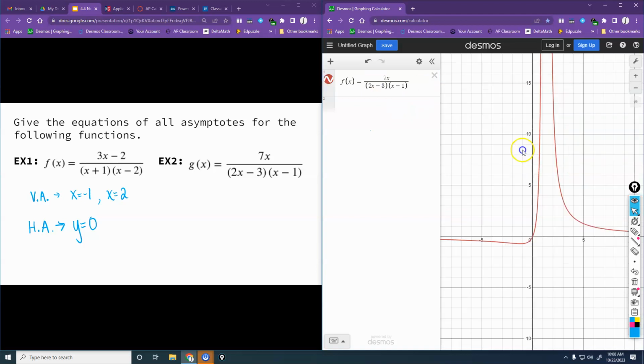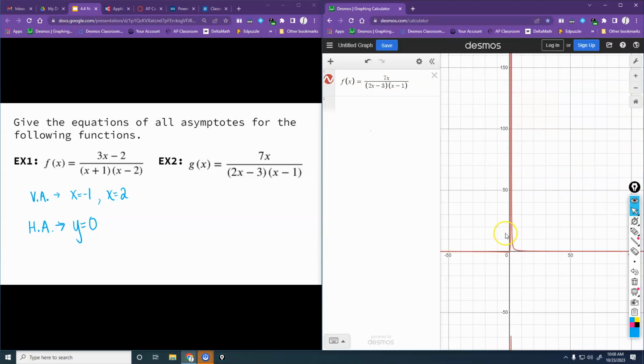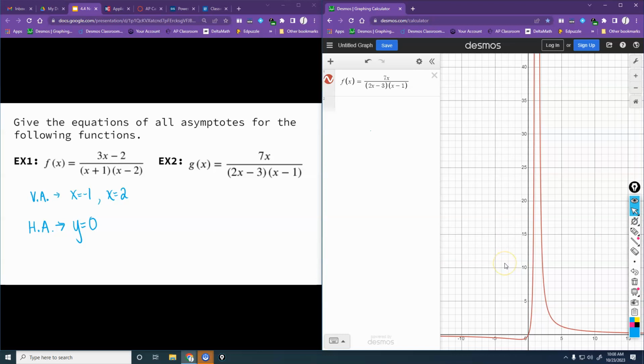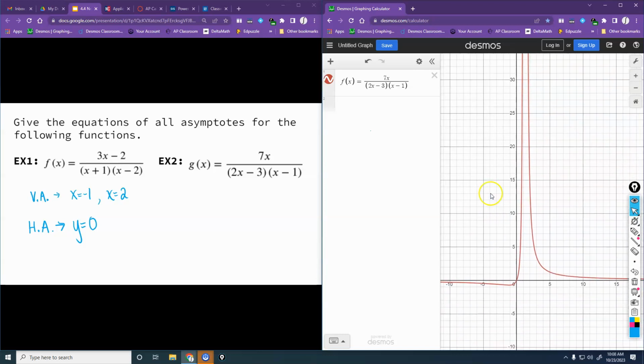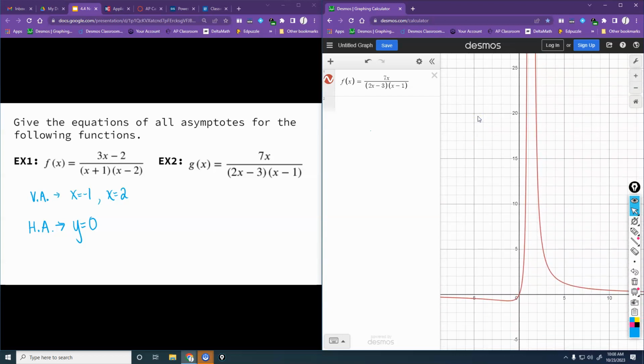I think that there's something different about this one. This one is different than I was expecting it to look, actually.